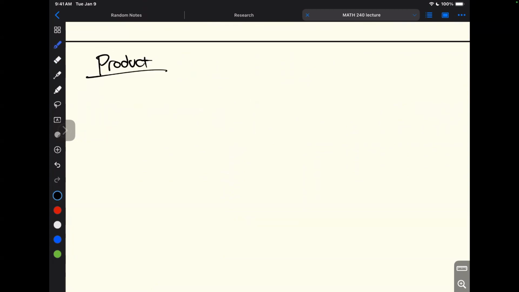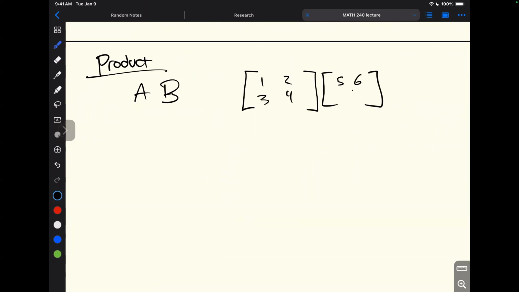So for an actual product, we want to do something like multiply A times B. And so if we have, let's just do square matrices, 1, 2, 3, 4, and 5, 6, 7, 8. We want to be able to multiply these together.